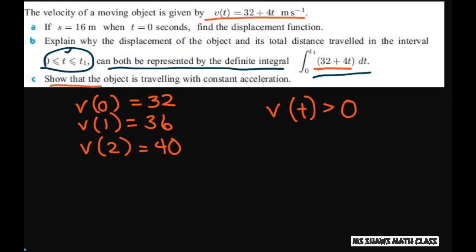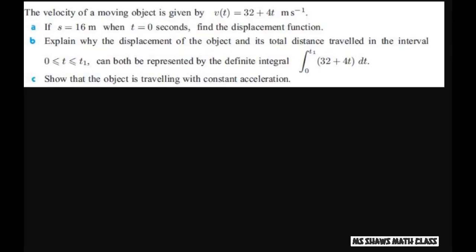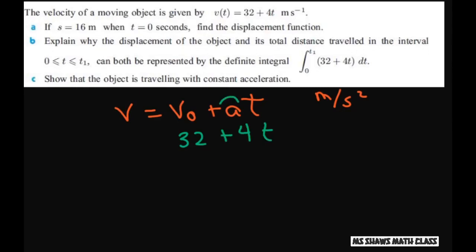Now we need to show that the object is traveling with constant acceleration. So we kind of already have it here. We know that our final velocity equals your initial velocity plus a of t, your acceleration times t. Remember, the acceleration is in meters per second squared. Our form is 32, which is our initial velocity, plus 4t. So our acceleration is 4. That's like your slope.